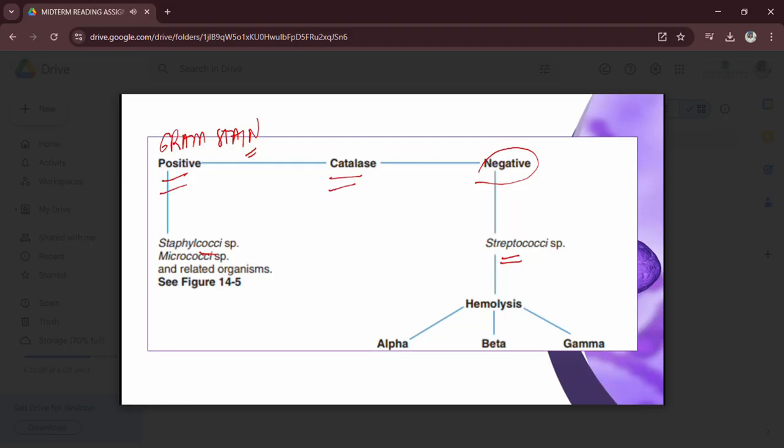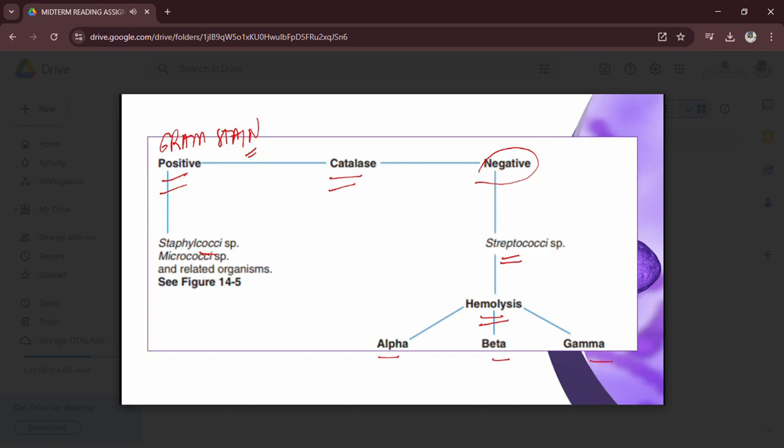Now, we need to know the specific organism under the Streptococci. So what are we going to do next? First, you need to take a look at the colony and the culture media. Check the hemolytic pattern, whether they are alpha, beta, or gamma hemolysis.